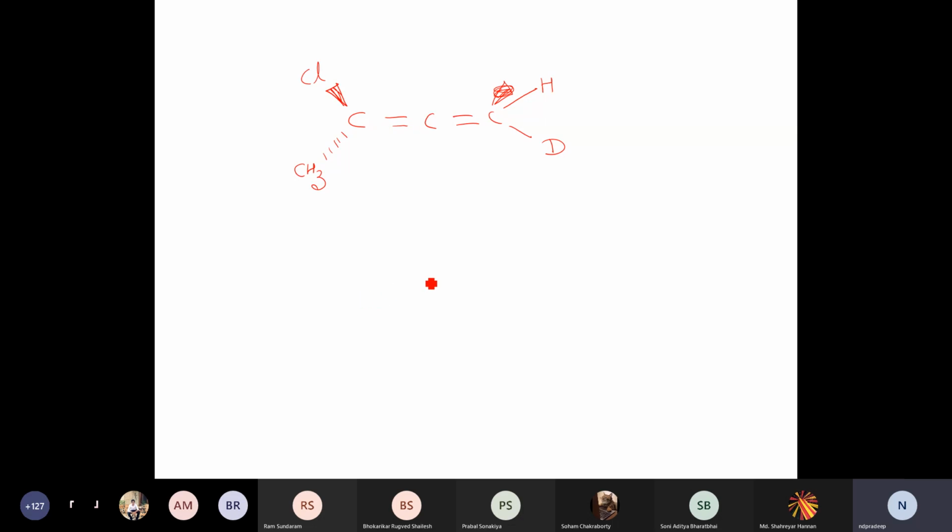Now how do I go forward? My looking will be from this side. That's why your confusion gets cleared by using this procedure. So this should be my head, there is no doubt. Even if the molecule is given inverted, I don't care about it. And this will be my tail.